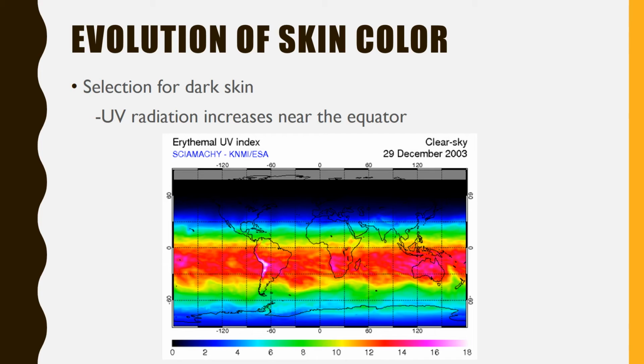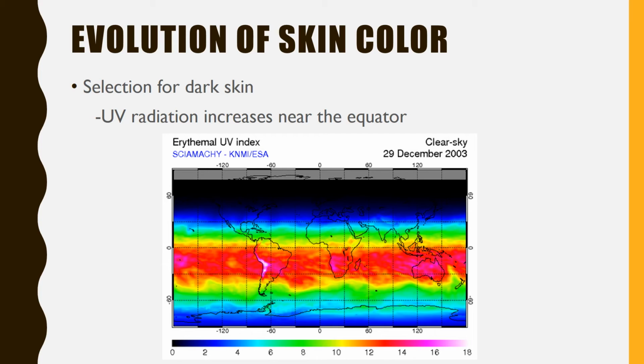On this slide here, you can see a picture of levels of UV radiation that have been mapped. You can see that there are high levels of UV radiation closer to the equator in those dark red and pink colors, and as you move away from the equator, UV radiation begins to decrease.